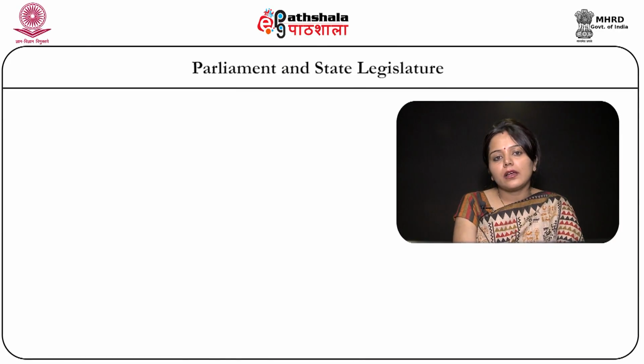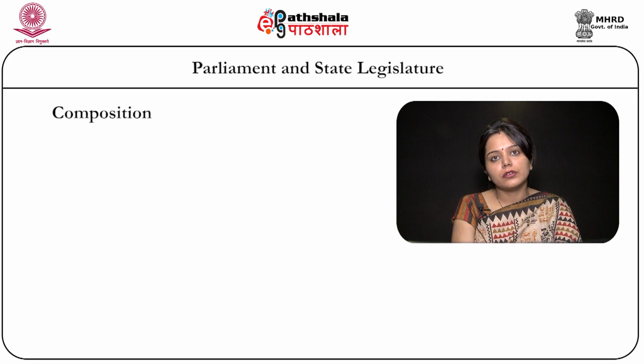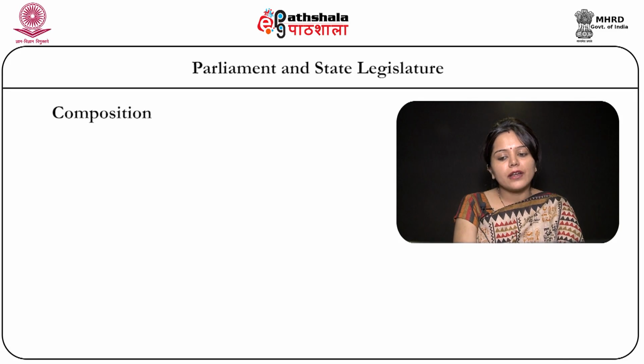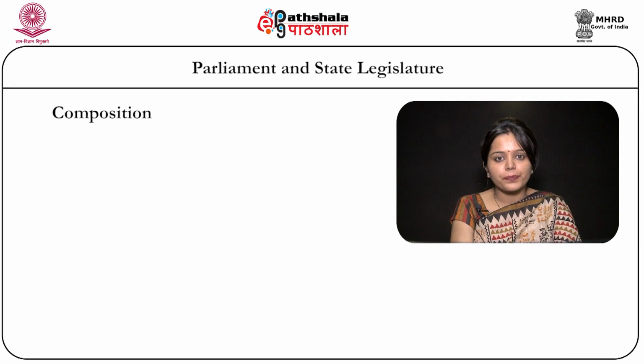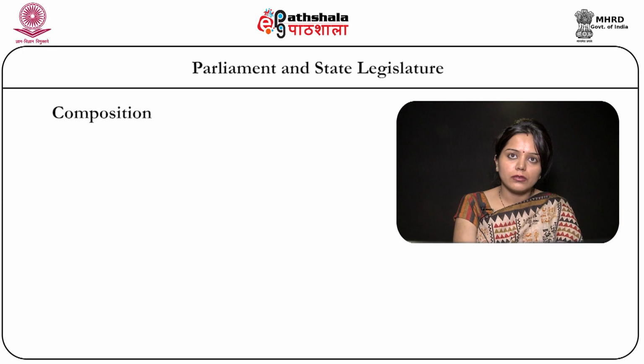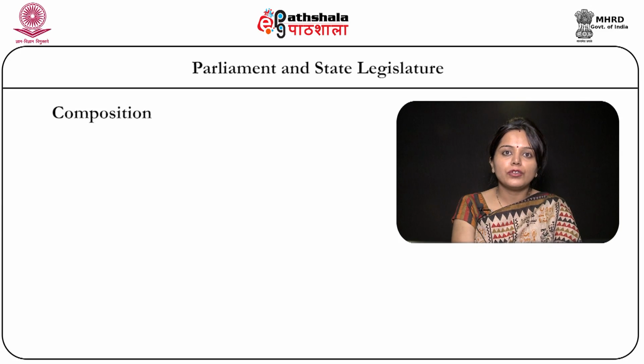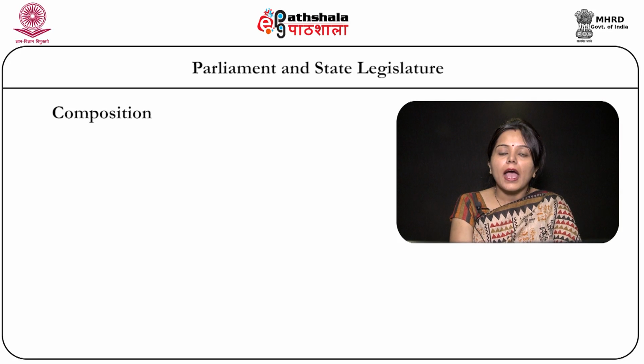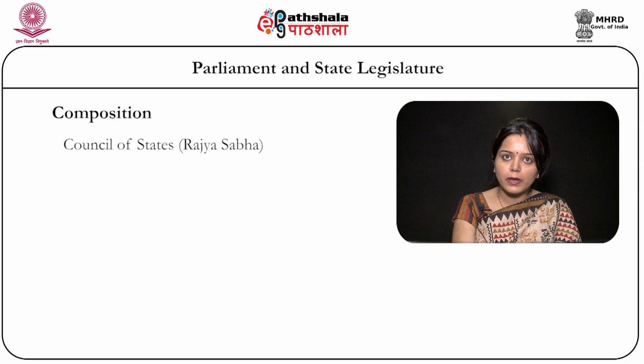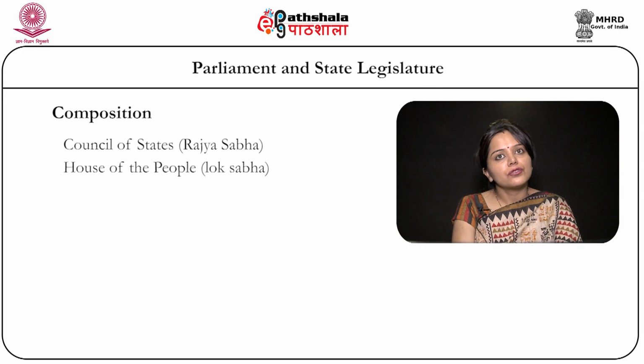So, students, after discussing the Indian parliamentary system, I would like to explain the composition of the union parliament and the state legislature. As we know, the bicameral system of the union parliament has two houses, Council of States, Rajya Sabha, and Lok Sabha, which is known as House of People.